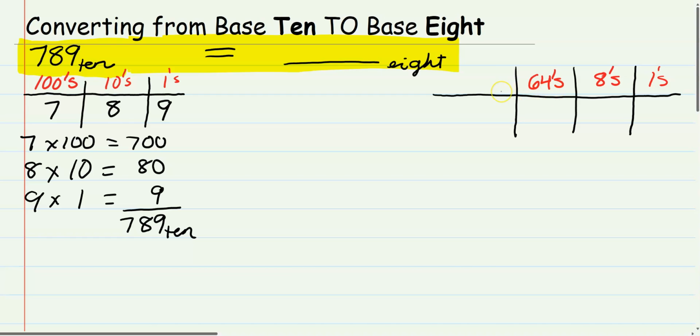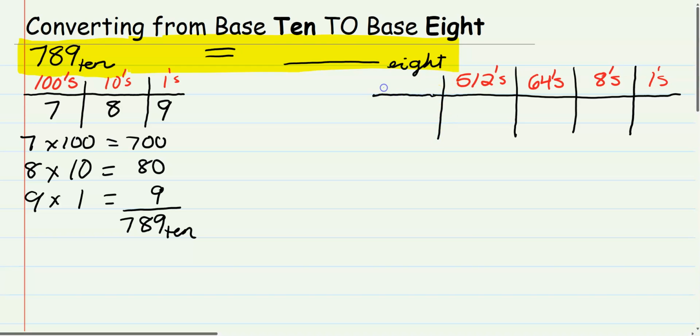Then the next place value would be 8 groups of 64. What is 8 groups of 64? That means 8 times 64, and that is 512.